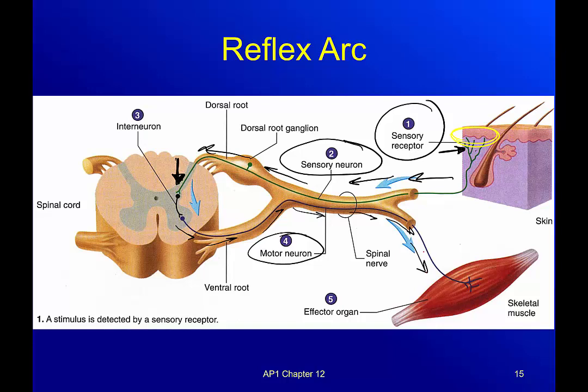My brain doesn't leave my skull to go to my arm and cause it to move. So I have to basically select somebody to do it for me. If my arm is getting burned, I want to move my arm. So the effector organ, the one that takes the action in this case, is going to be a piece of skeletal muscle in my arm that actually shifts my arm back because I'm in pain. So these are the 5 parts of a reflex arc.